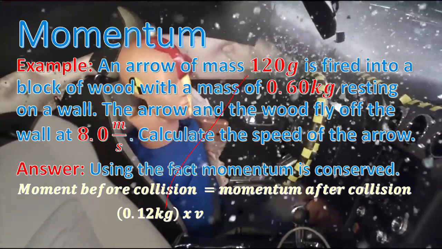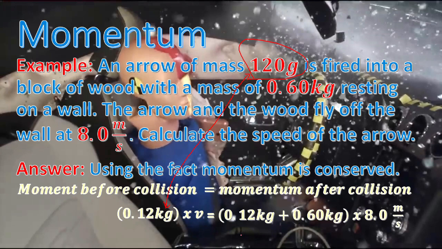Take note, when we solve momentum, the unit is in kilograms, and our given is in grams, so you need to convert that to kilograms. Then the velocity, which we don't know. When it hits the wood, it will be the arrow plus the mass of the wood times the speed, which is given after the collision.